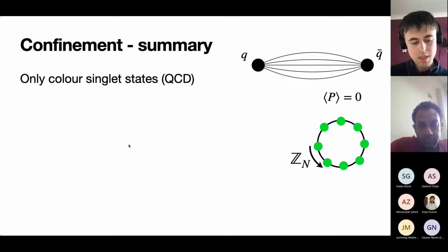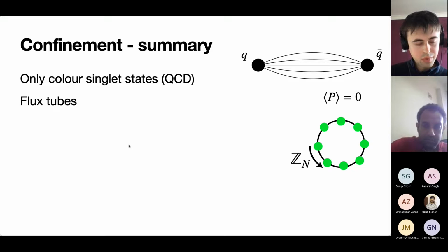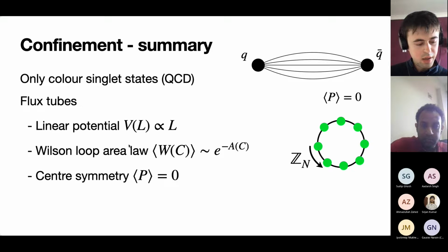Instead, we always have some color singlet bound state, and also the formation of flux tubes of some size. But in pure Yang-Mills, we can also make these statements: we expect to have a linear potential, an area law for the Wilson loop, and center symmetry where the Polyakov loop is the order parameter.